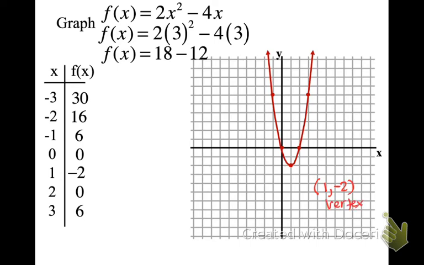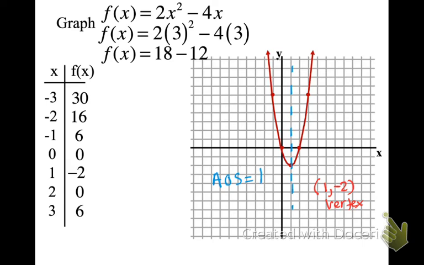Okay? And then we've got our axis of symmetry, which is what goes through the vertex. Where does it cross the x-axis? It crosses at 1. So my axis of symmetry is equal to 1. And then we've got to do our domain and range.